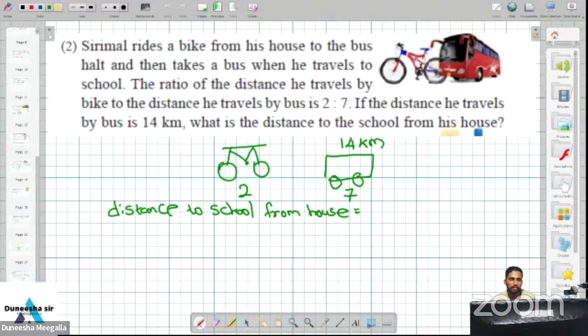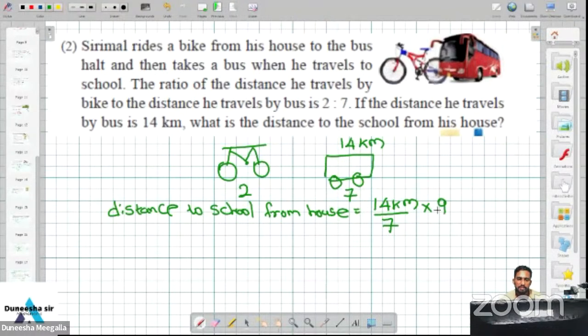We have to divide which one by which one? කෝක කෝකෙන්ද divide කරන්නේ? 14 divided by 7, multiply by 9. 2 plus 7 is 9. ඇයි අපි total එකකින් multiply කරන්න ඕනේ නේද? 14 kilometer divide by 7 and multiply by 9.